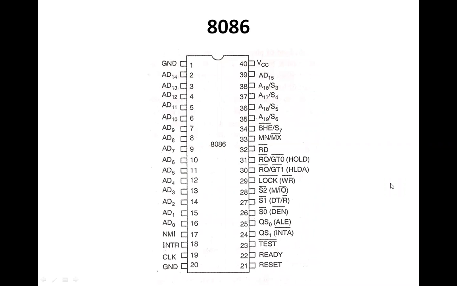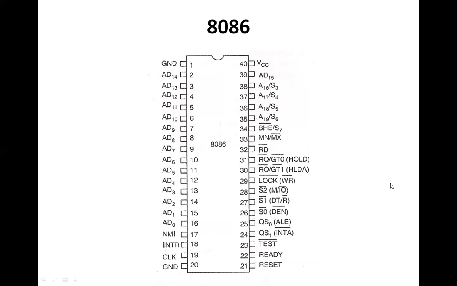Actually, this signal is used for compatibility with the external devices, because the speed of the 8086 is good enough in comparison to the speed of the peripheral devices.